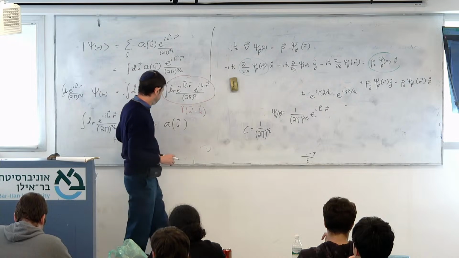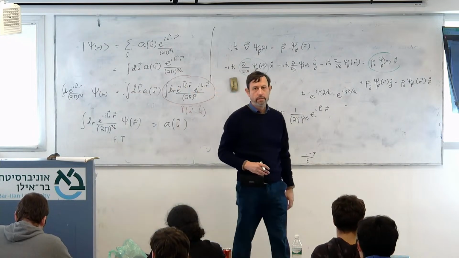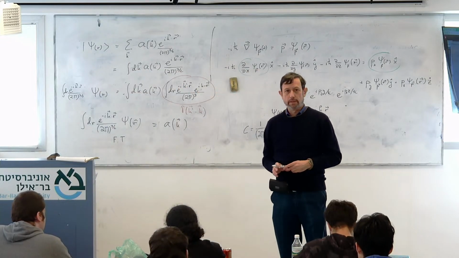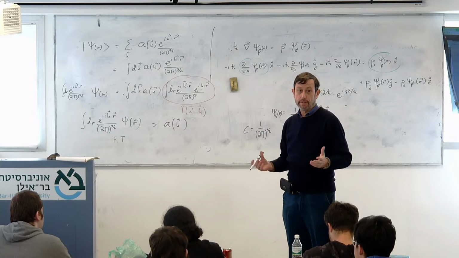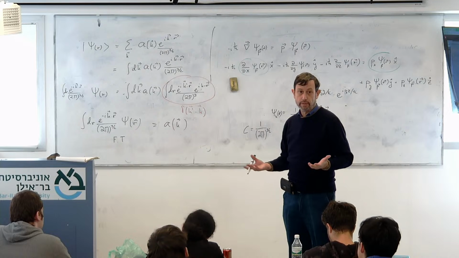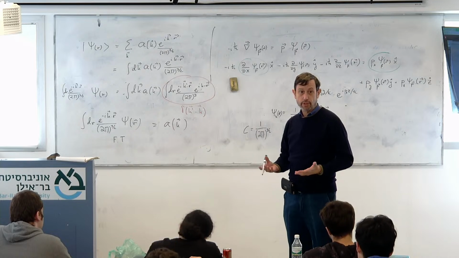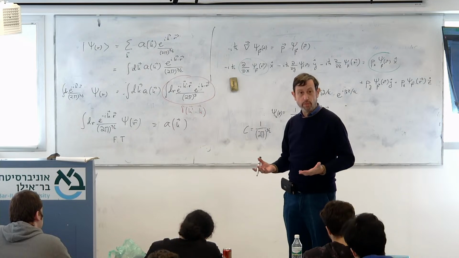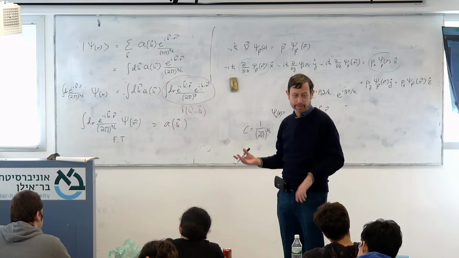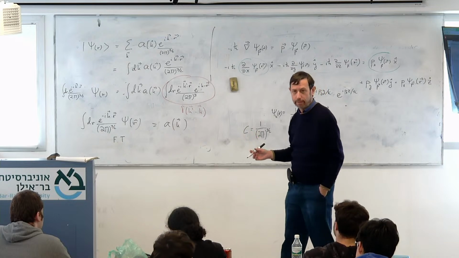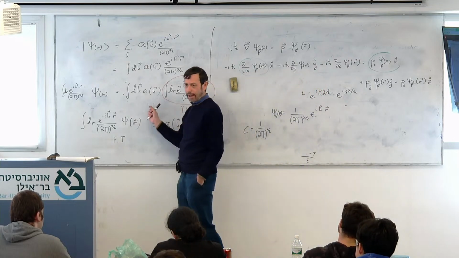So basically, even if I didn't learn anything about Fourier transforms, it's a natural way to move from one basis to another, in this particular case between momentum and position.